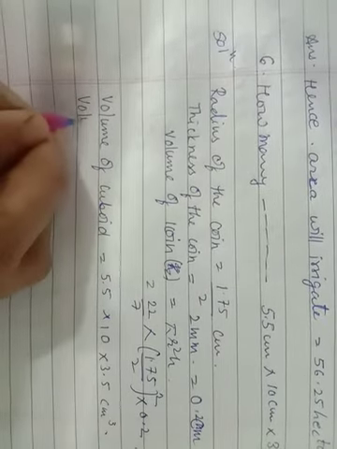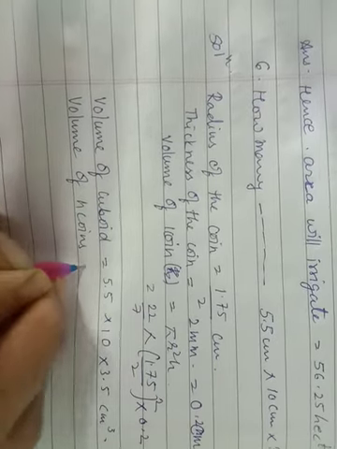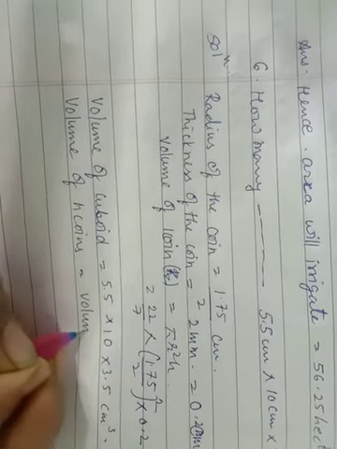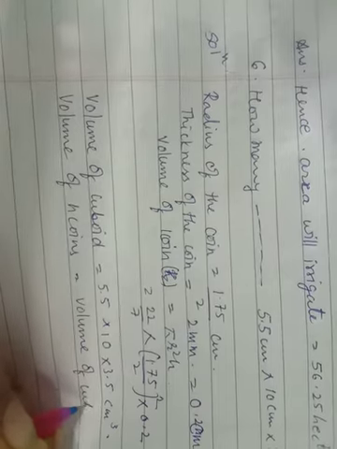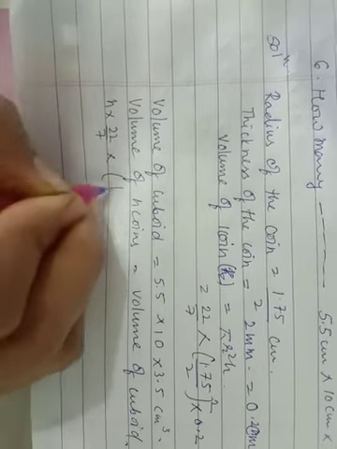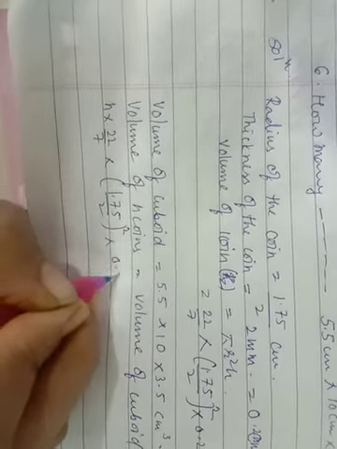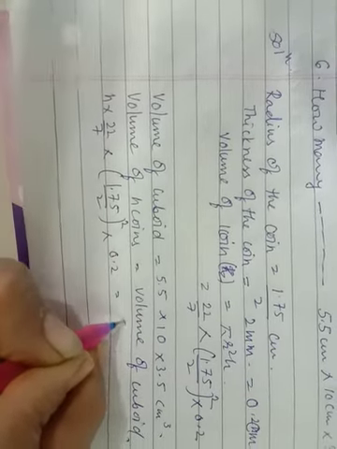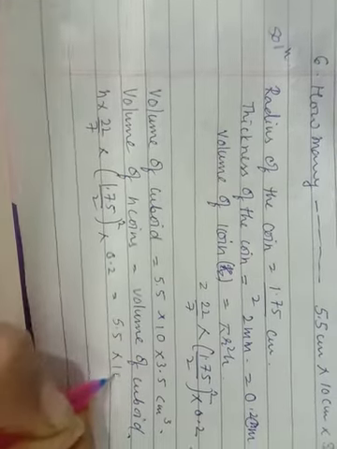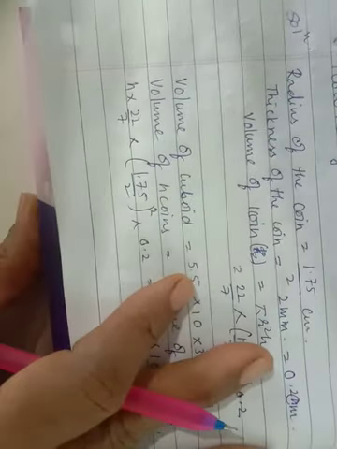Now volume of n coins is equals to volume of cuboid. So n into 22 by 7 into 1.75 by 2 whole square into 0.2 is equals to 5.5 into 10 into 3.5. Now only the calculation part is left.